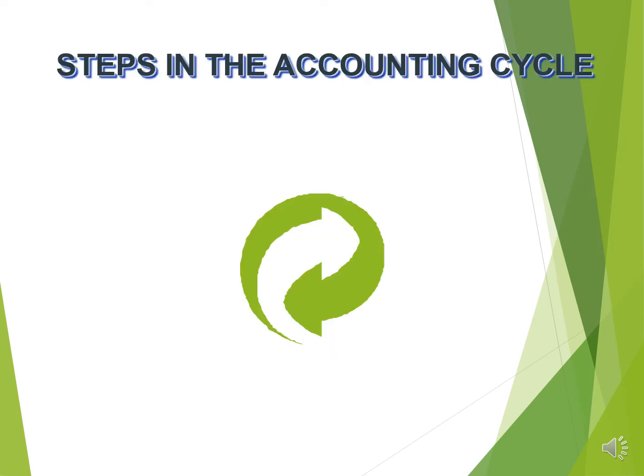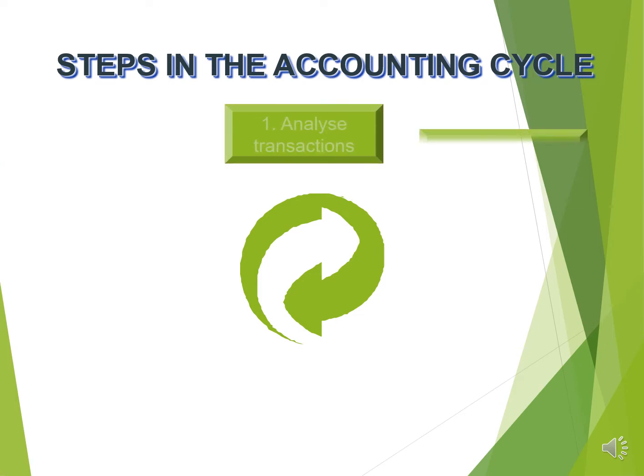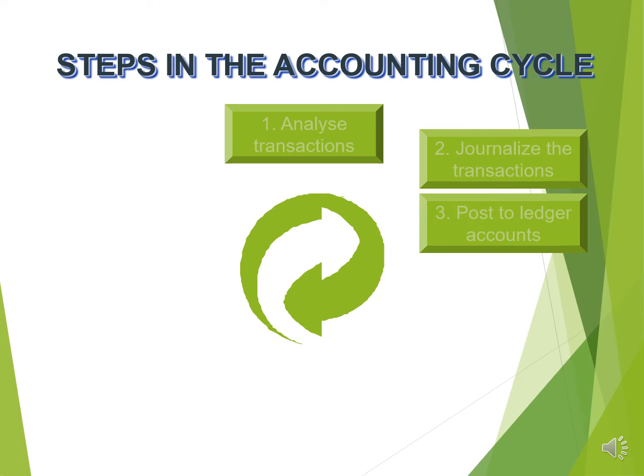Here we are again taking a bird's eye view of the steps in the accounting cycle. First, we analyze the transactions. A transaction is the basic thing in business operation. There are sales and purchases, and a number of transactions are happening.